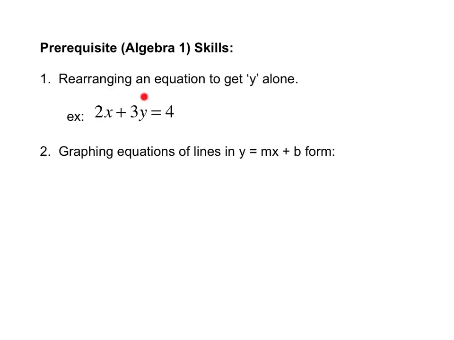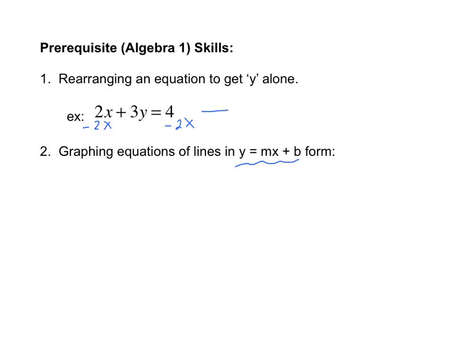So in an example here, if this is not already arranged to get y by itself, you would have to do it yourself, and you're going to have some of these that you will have to do before graphing. The first thing you would want to do is bring over the x term. Try to get in the habit of lining up in this format right here, with the mx term before the b term.